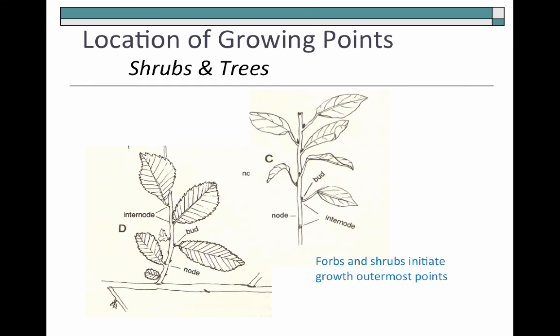So the forbs and the shrubs are going to initiate growth from the outermost points. So that's why you'll see new shoots that actually present themselves as leaves on shrubs, whereas the grasses are going to extend from those auxiliary buds.